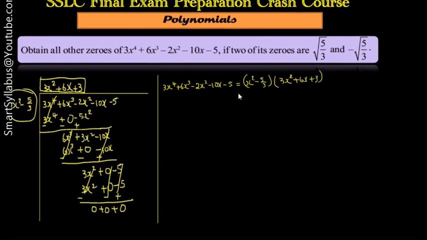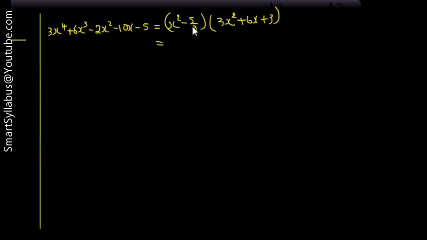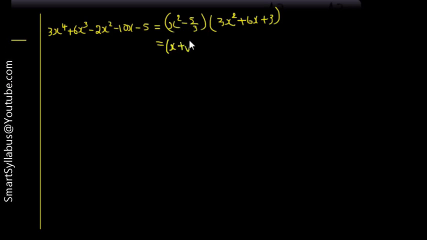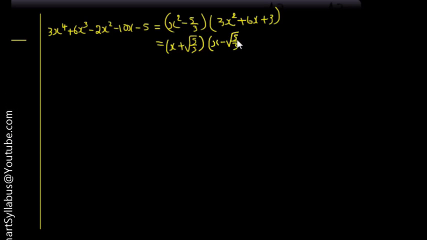Then that's equal to, now x square minus 5 by 3, we already discussed about this, right? x square minus 5 by 3 can be written as x plus root 5 by 3, and one more x minus root 5 by 3, because from these brackets only this one is made.